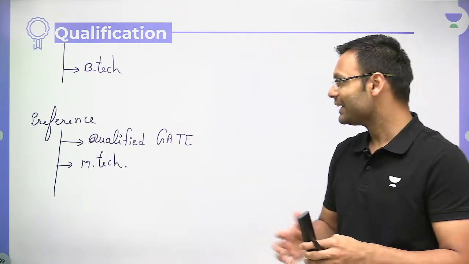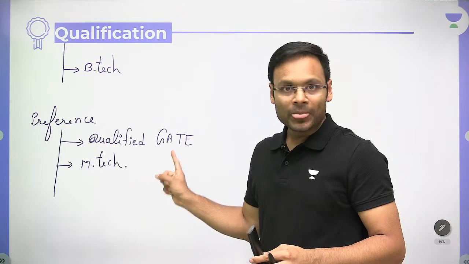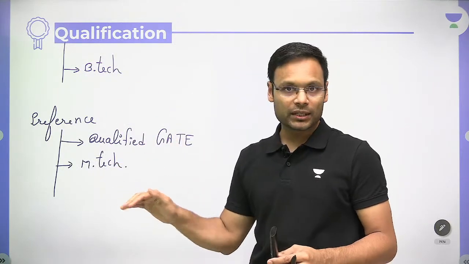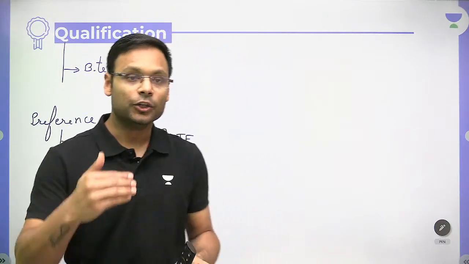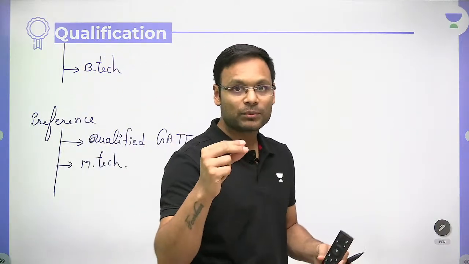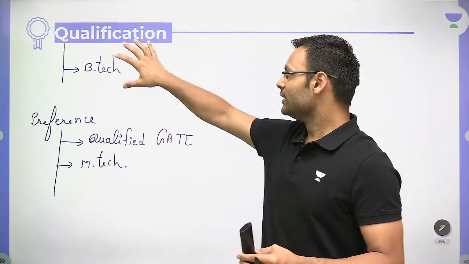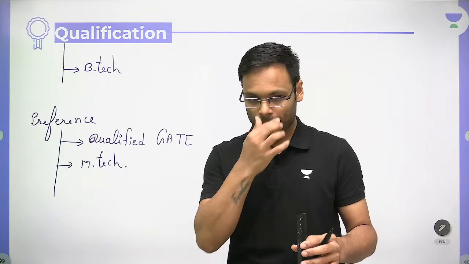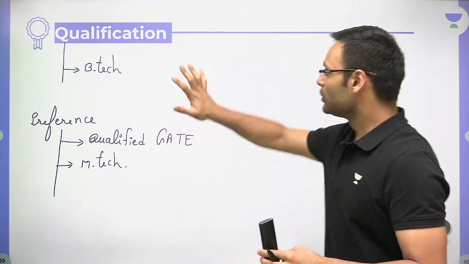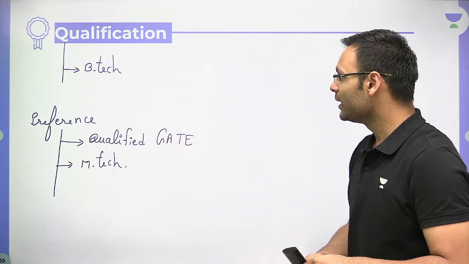If you have qualified GATE with higher marks, and done your MTech at a really prestigious college like IIT or IISc, you will be preferred more. You might start with a better salary than those who have only a plain BTech. This is the qualification basically required.